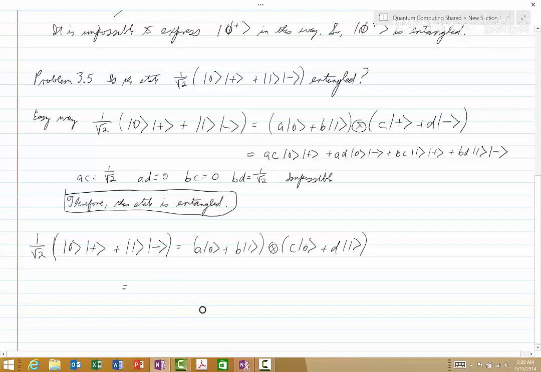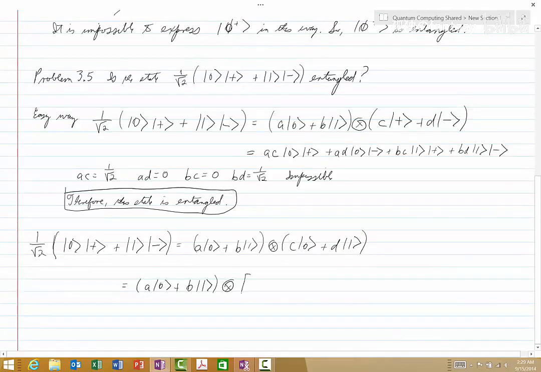So we'll have A0 plus B1 tensor product with C times plus minus, plus D times plus minus minus.